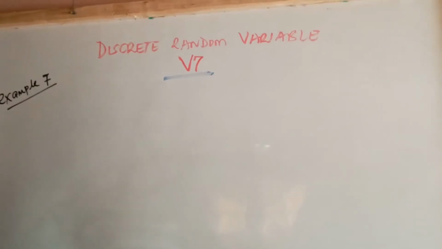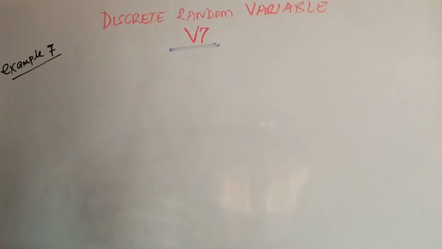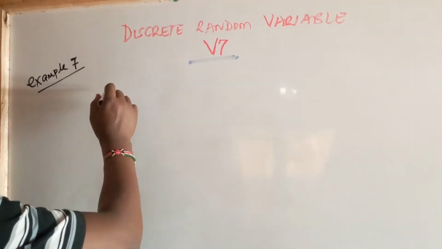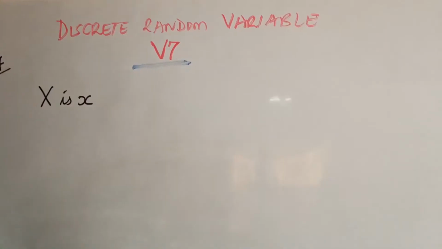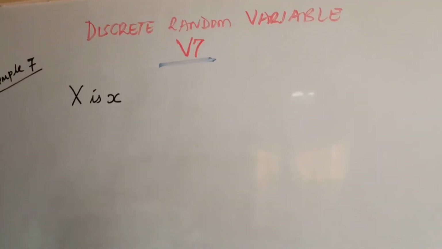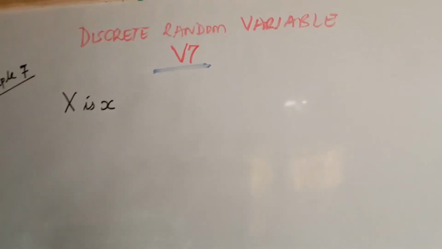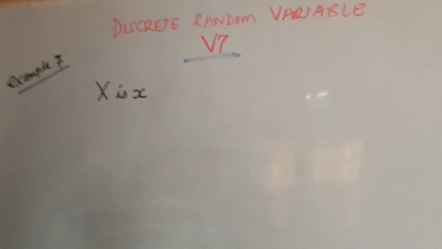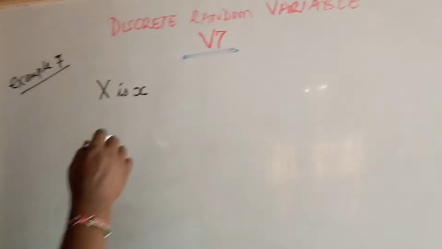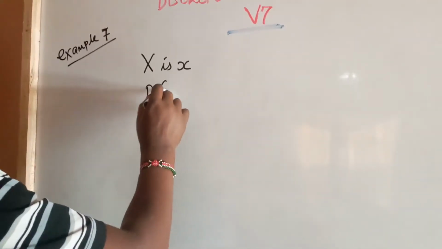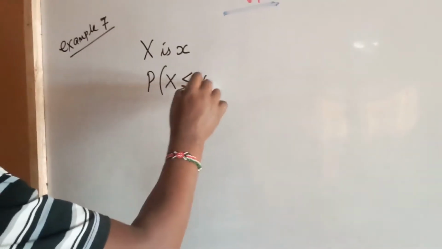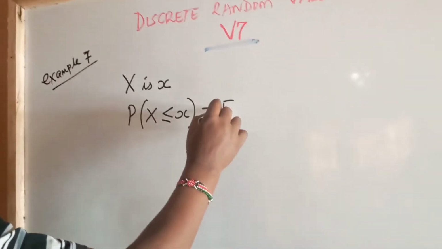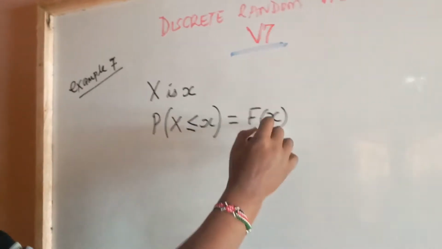The first one: if a particular value of x is small x, the probability that X is less than or equal to x is written as the function F(x).